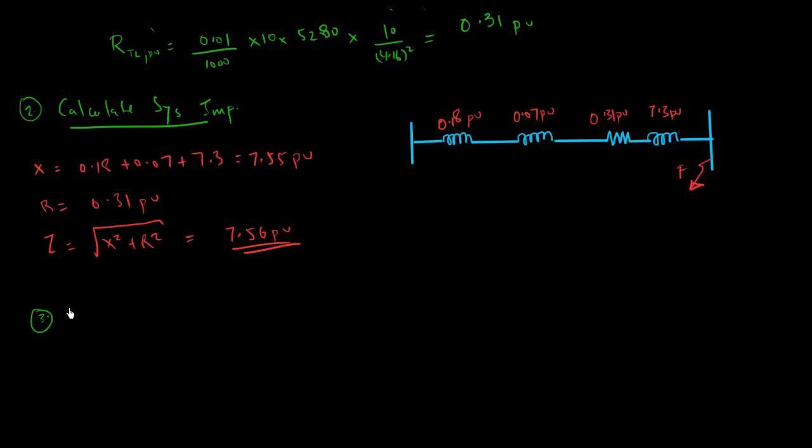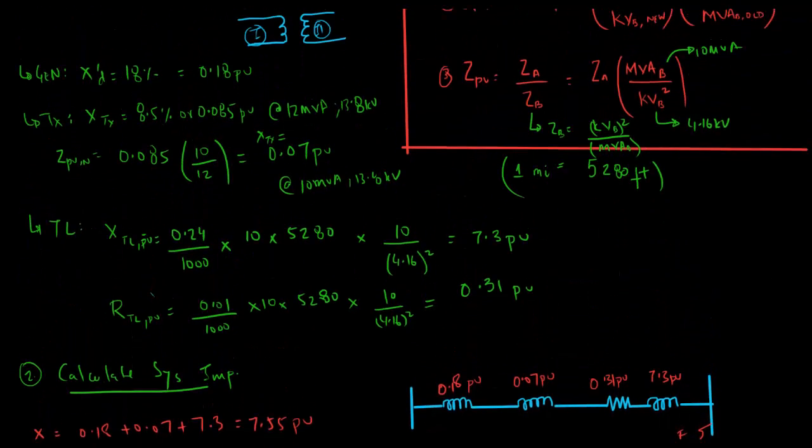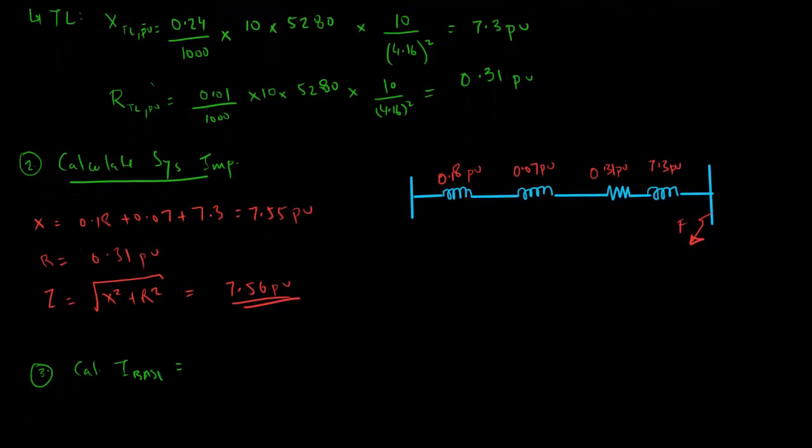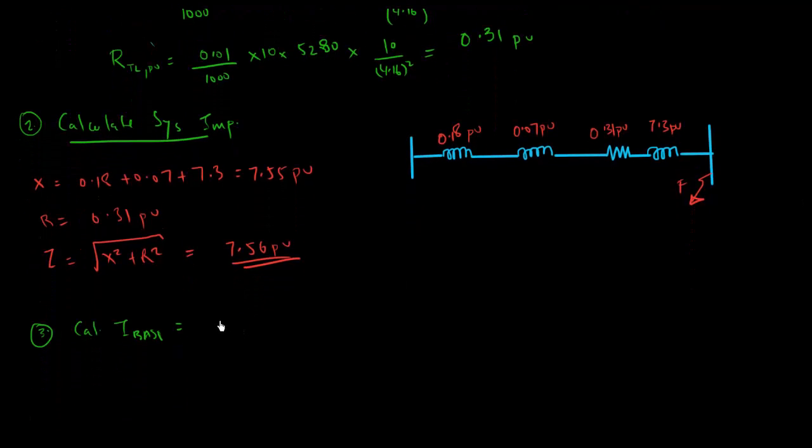Our step 3 is going to be calculate the I base. So our fault occurs in this area in circuit number 2. So our voltage base here was 4.16, our power base was 10 MVA. So our current base is going to be S base over root 3, because this is a three-phase system, times voltage base.